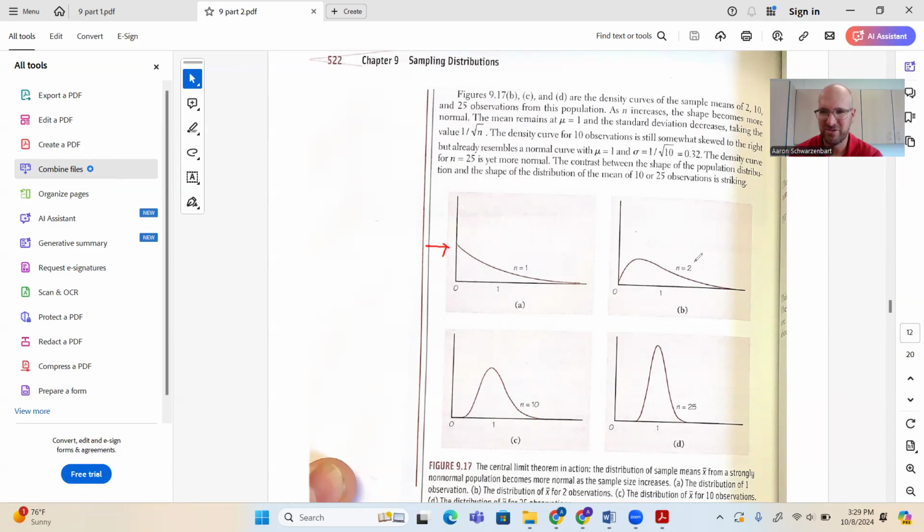It looks very skewed right. If I take sample size 10, that kind of looks normal, but it's definitely still got a little bit of skew out here. At 25, it's a little bit skewed out there, but it's not skewed bad. All of a sudden, my sample means are starting to look pretty normal.